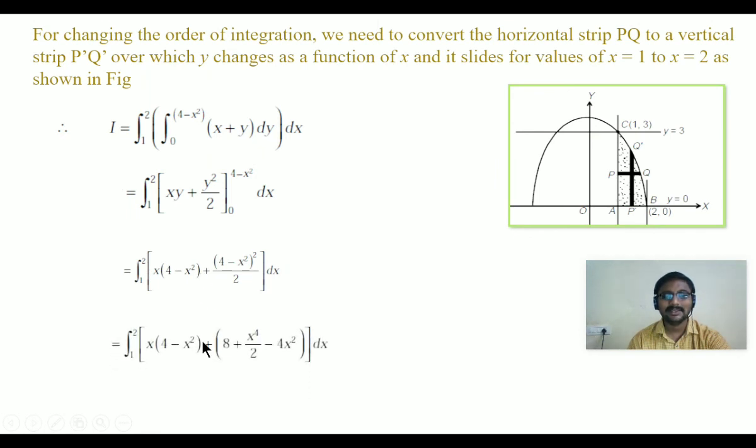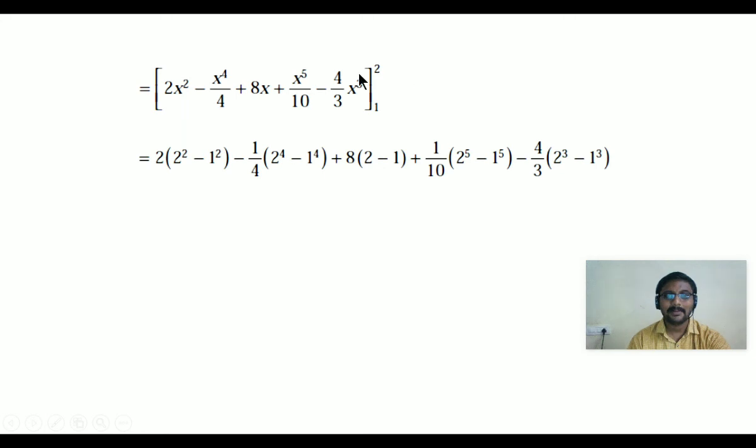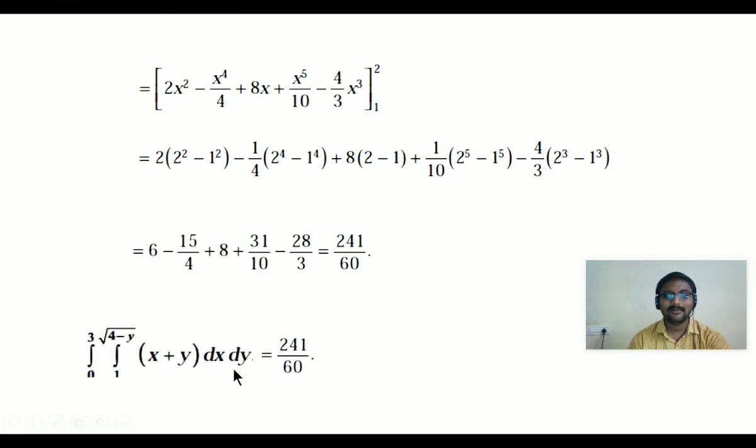Now evaluating the single integration, integrating and then substituting the upper limit 2 and the lower limit 1, upper limit minus lower limit, substituting in each term. On simplifying, we get the result 241 by 60. So this is the required value of the given double integral.